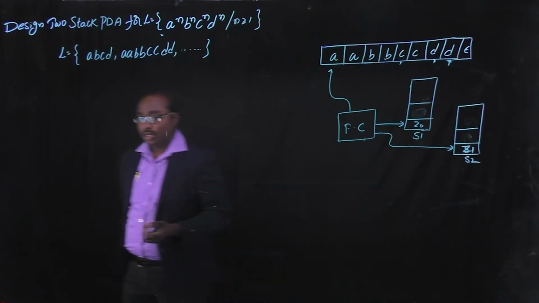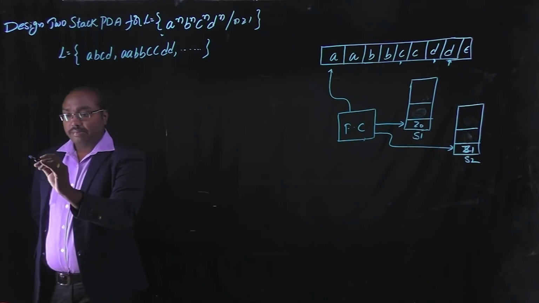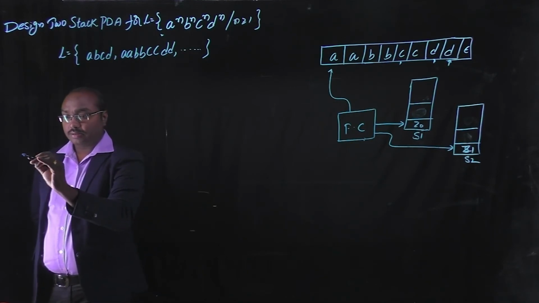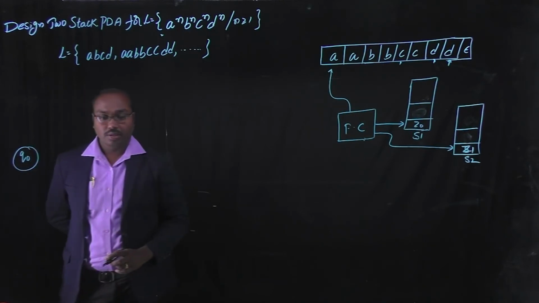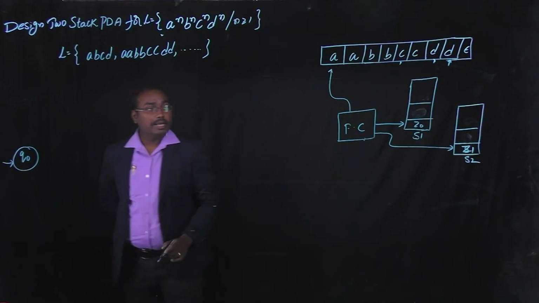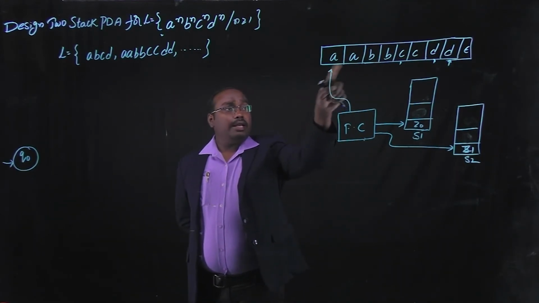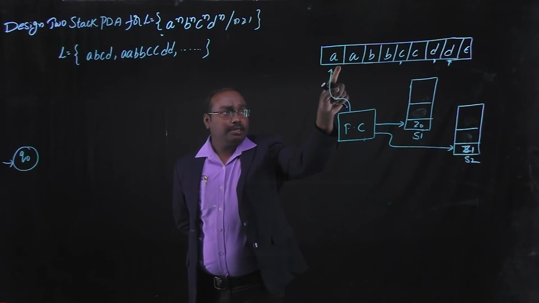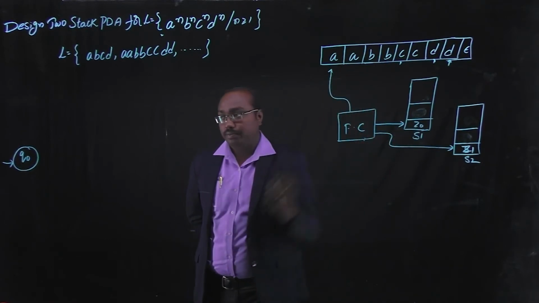I will draw the transition diagram. Now I am in state Q0, the initial state. Next, for reading A's, we push those elements onto stack 1.